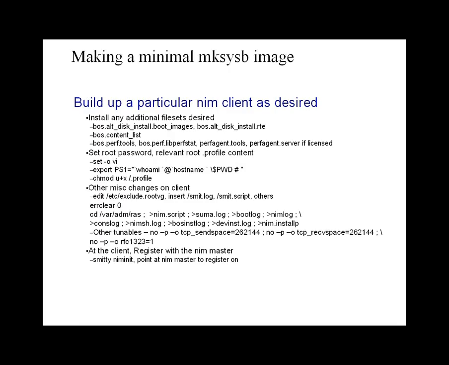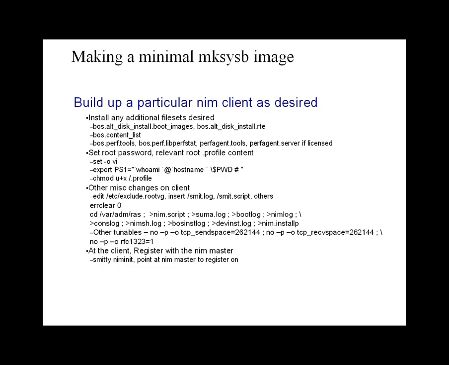I'll select a particular machine or LPAR out on the network, and I will build it up exactly as desired. I'll put on any additional filesets required, whether it be bos.alt_disk_install.boot_images, bos.alt_disk_install.rte, bos.content_list, bos.perf.tools, libperfstat. If I'm licensed for perfagent.server, that's not so much anymore. You don't see that one.